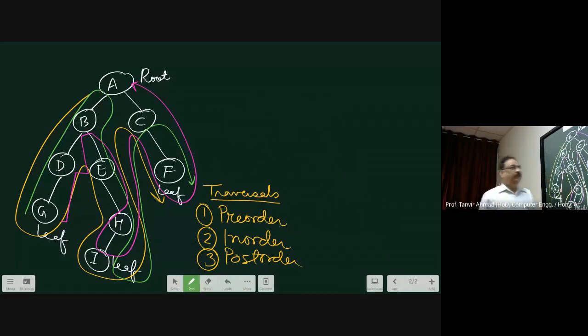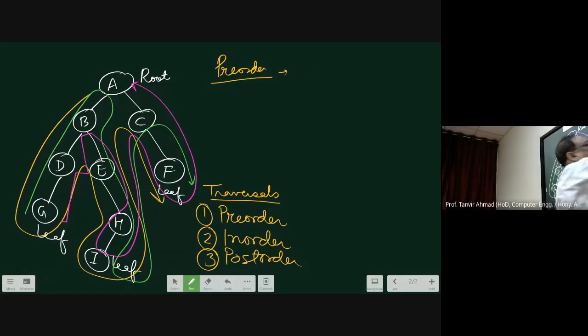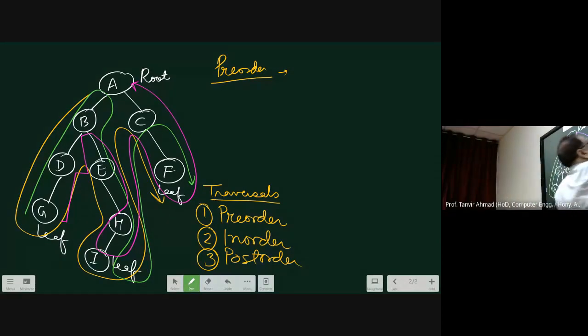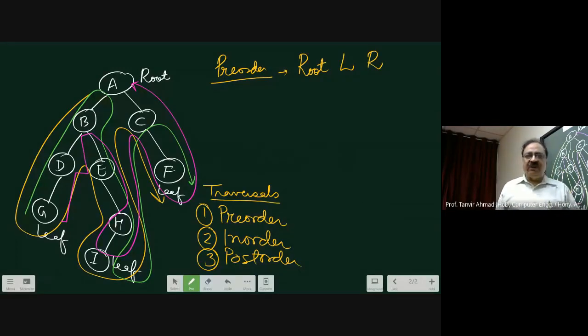Okay, for a pre-order, you have to do root, left, right. Now here we'll process like this, root, left and right. That means you first of all process the root, then the left, and then the right child.